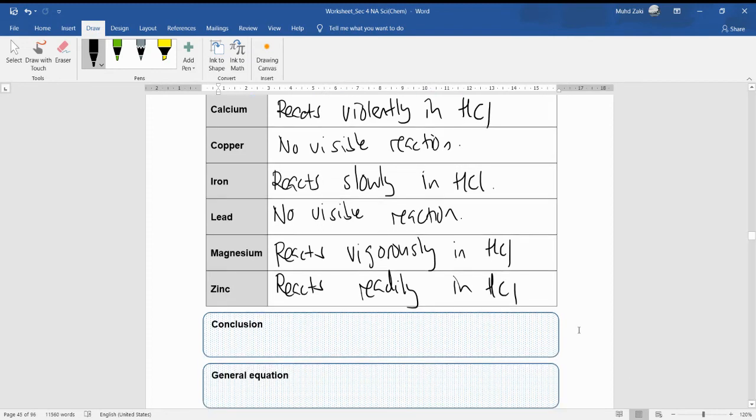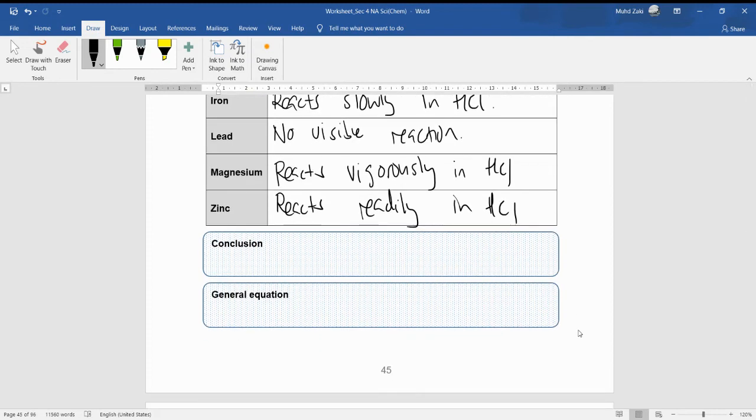So to conclude, you still have your potassium, sodium, and calcium as the main reactive metals, then followed by magnesium, zinc, and iron. Then followed by copper and lead. For these two, you need to do further tests, but you need to remember this order.